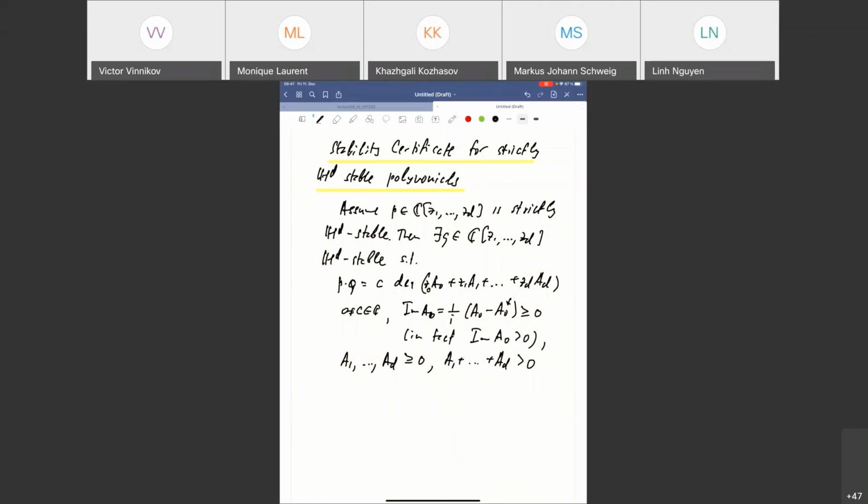And a matrix with a strictly positive imaginary part is invertible. So the determinant is not zero. So this is clearly a certificate for stability, the same way as positive determinantal representations are certificates for hyperbolicity.